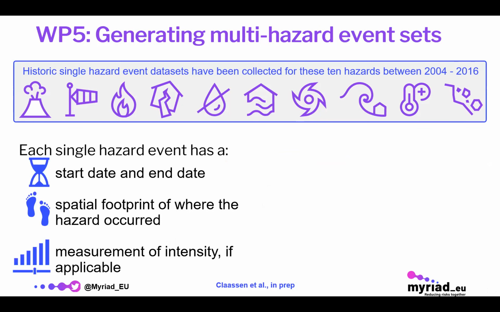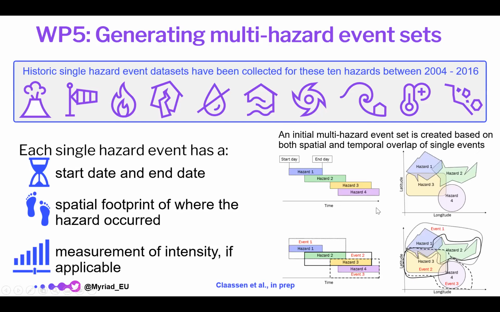So she's identified for 10 different hazards the start and end date of different hazards, a spatial footprint for each hazard, and a measure of their intensity. And then basically what she's trying to do now is look at overlaps in those hazards in time and in space to actually put together a database of past multi-hazard events. And that's in a nutshell what's been shown here on the bottom.